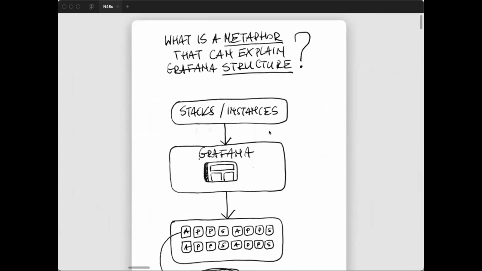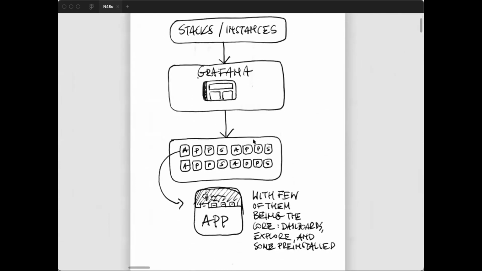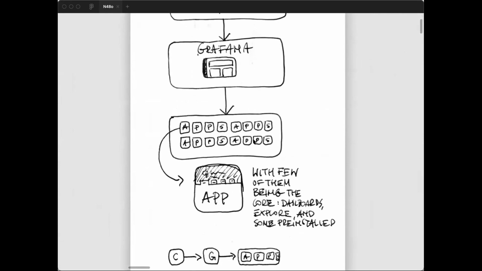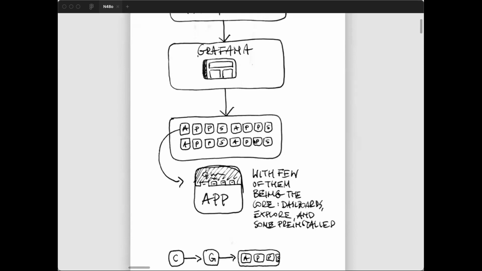Then we have Grafana itself, the thing that we see when we log into Grafana, and a lot of apps that are running within that Grafana. Some of them are core, like Dashboard, Explore, or Search, because it's just a list of dashboards, and some come pre-installed differently for different kinds of users. Cloud customers have different pre-installed apps than open source customers.